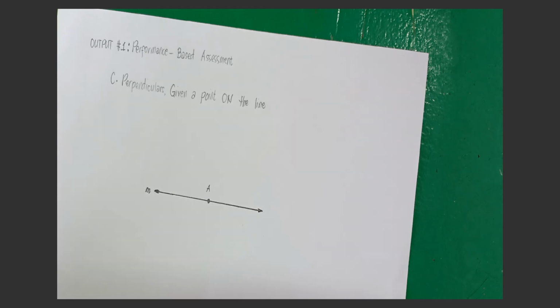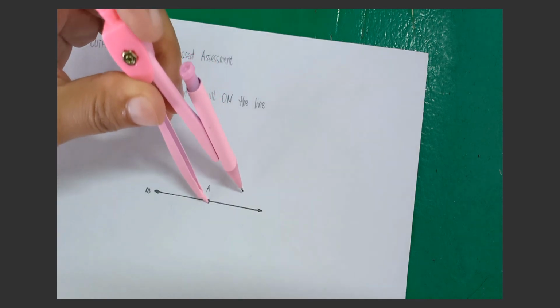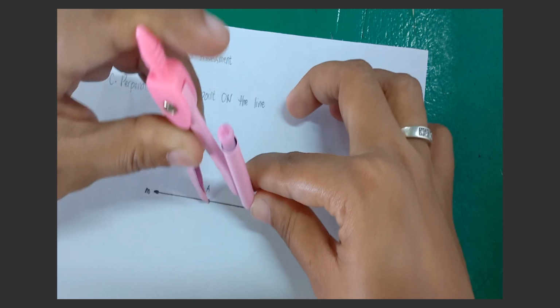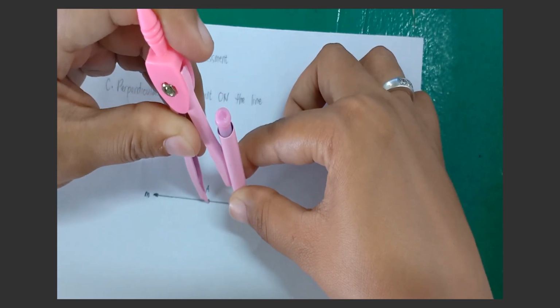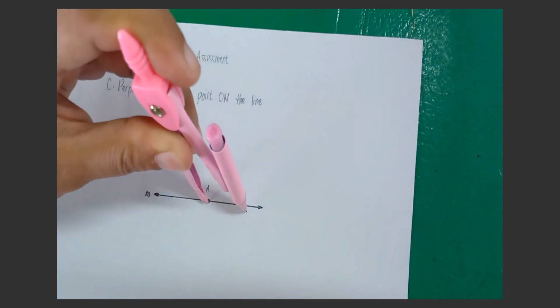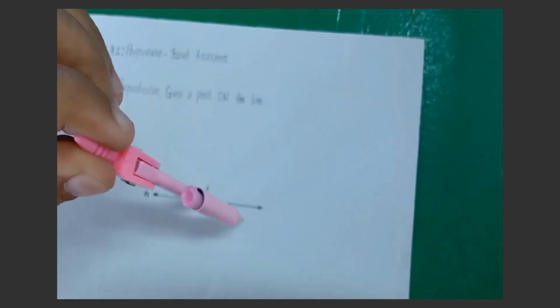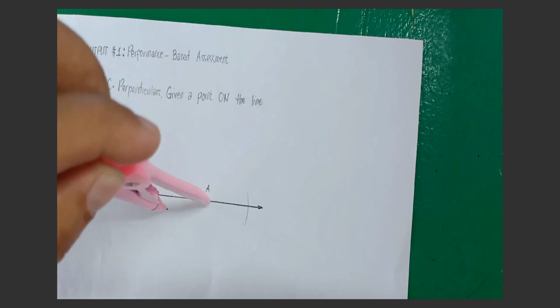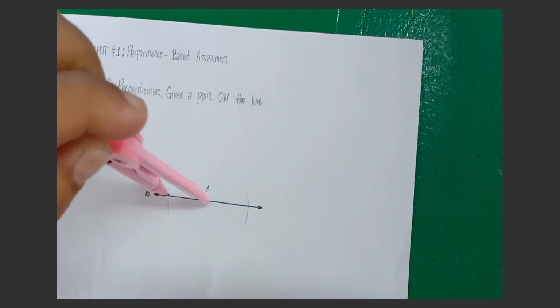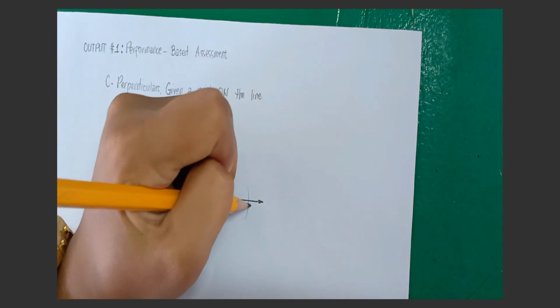Place the compass tip at point A, using any compass opening less than the length of M. You can adjust like this or like this, as long as it's less than line M. Draw 2 arcs intersecting line M on both sides of A and label the points C and D. So this is C and this is D.